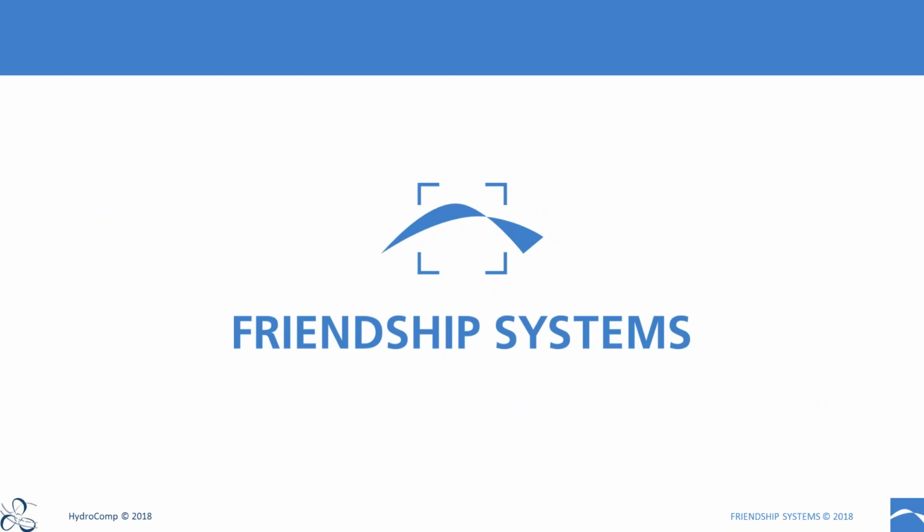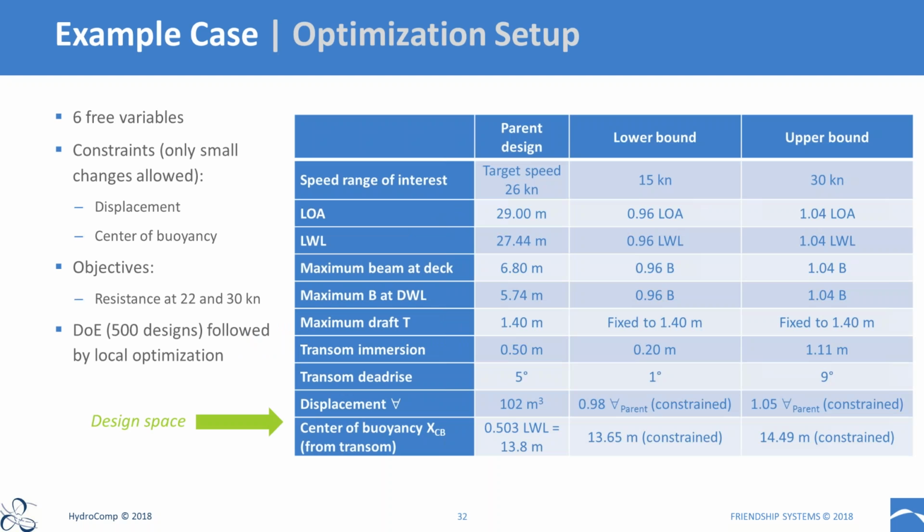Exactly, and that brings me to the next step, the generation of all the variants and the optimization process. So in terms of the optimization setup, we saw before when I introduced the geometry variation that we have six free variables for our hull form, and we have some constraints on displacement and center of buoyancy, so we are only allowing small changes in these values.